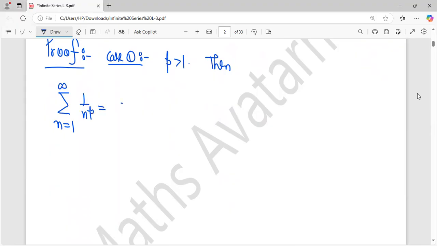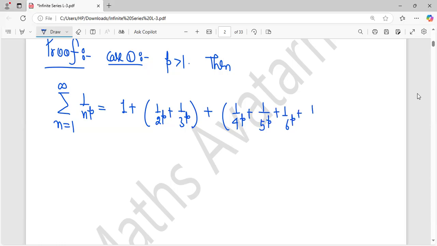This is 1 plus 1 upon 2 to the power p plus 1 upon 3 to the power p, plus 1 upon 4 to the power p plus 1 upon 5 to the power p, 1 upon 6 to the power p plus 1 upon 7 to the power p.